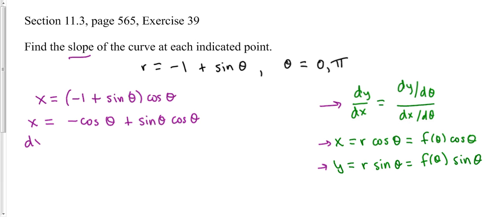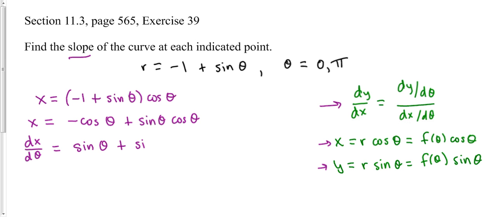So I'm going to have dx/d theta, and the derivative of negative cosine theta is going to give me sine theta. And then I'm going to have to apply the product rule.